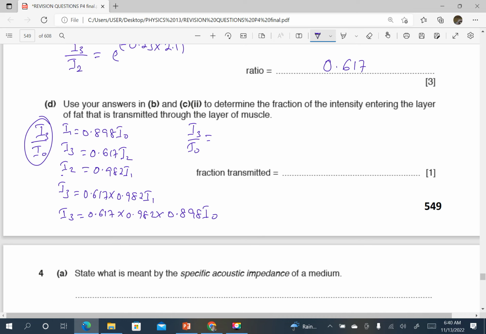I'll just press my calculator. So from my calculator, this is giving me 0.54. So this is approximately 0.54.